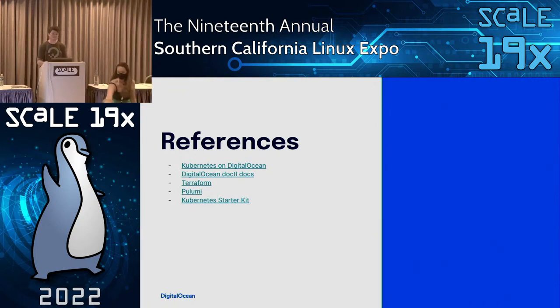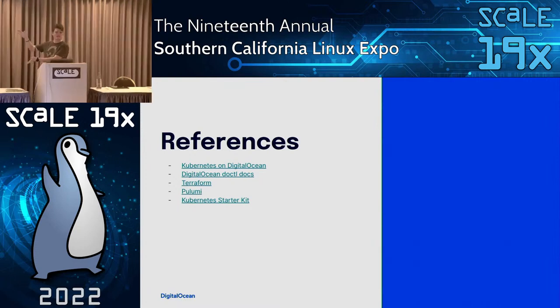Could you briefly talk about the difference between the state in Terraform and how Pulumi handles the state? Sure, and I think she might be able to cover more in depth on the state in Pulumi. The Terraform state is usually just a JSON file, and it stores everything that you see with Terraform plan.